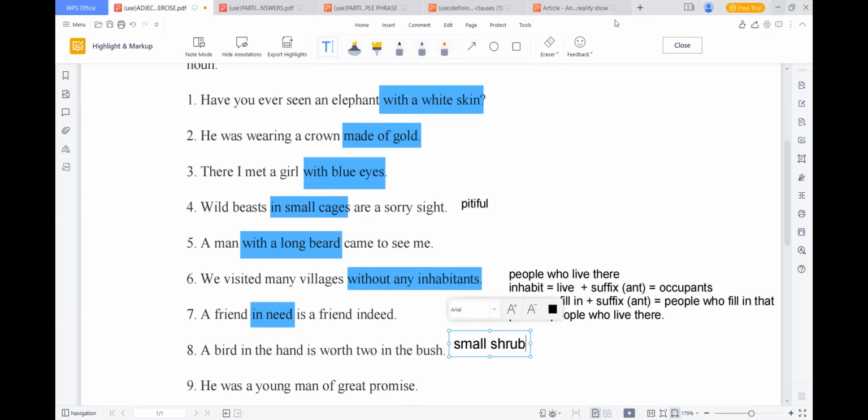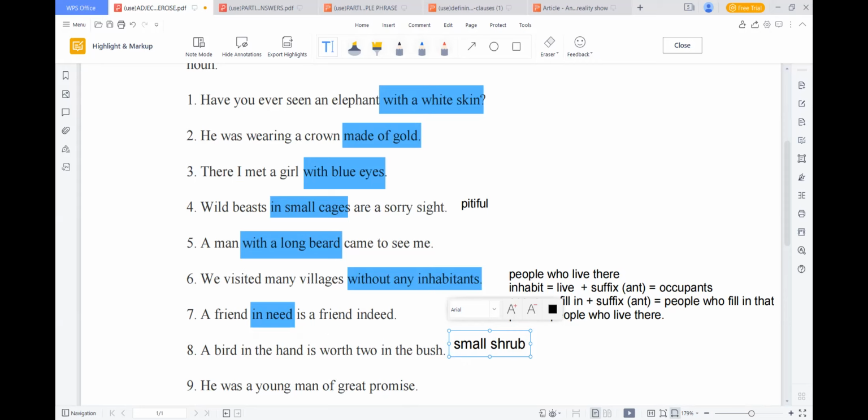So which one do you think is the adjective phrase? It's worth two in the bush. Usually it goes with a preposition first. Look for the preposition. There are 2 prepositions here, right? Did you notice in the sentence?